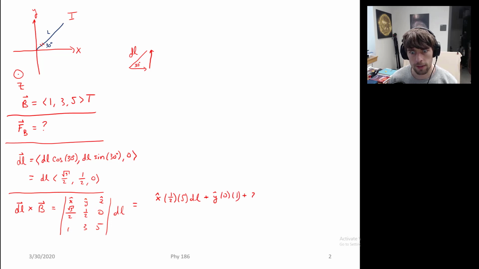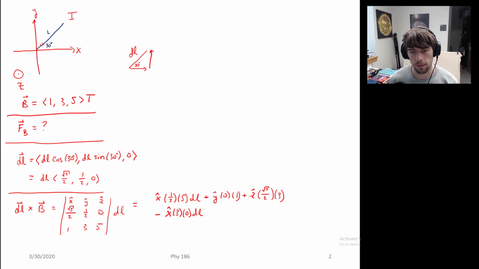Then we have z hat times root 3 over 2 times 3. But wait, there's more. We still have to do the negative one. So I have negative 3 x hat and 3 times 0 dl.